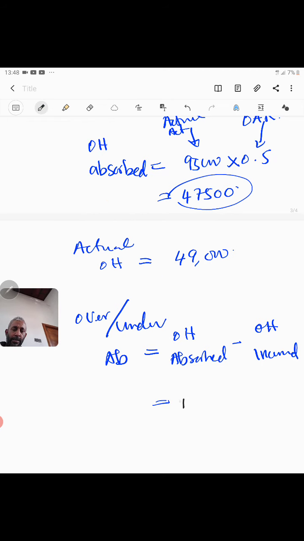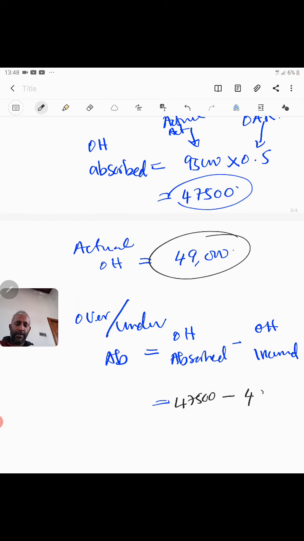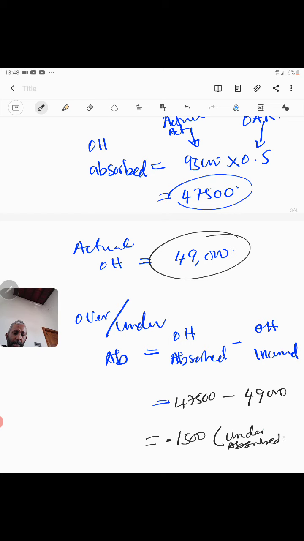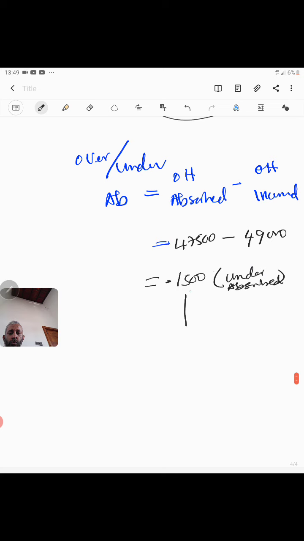So we take that, 47,500 minus actual overhead 49,000. So the answer is 1,500 and this is minus, meaning under absorbed. When under absorbed, this should be taken to the profit and loss account as a debit, meaning as an expense.